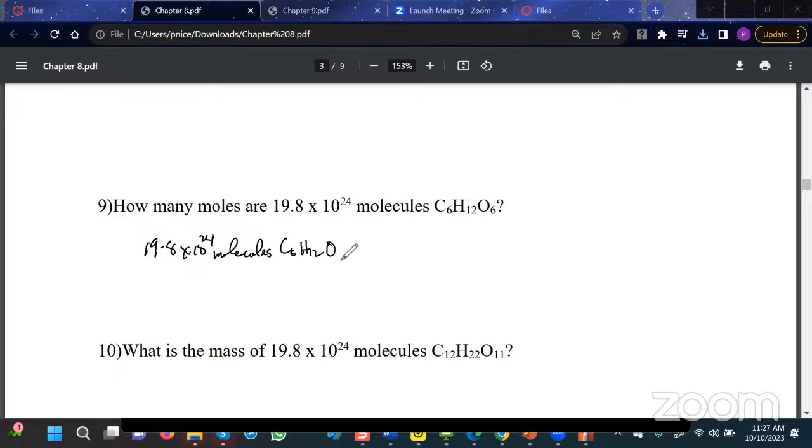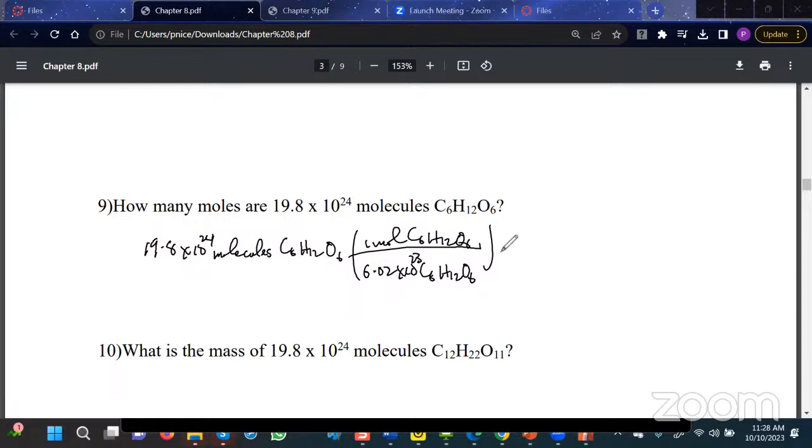And then you multiply by what? I did the 1 mole over Avogadro's number, so the 6.02 times 10 to the 23rd. And then I did the molar mass of.